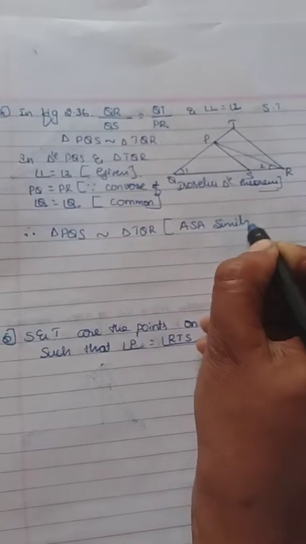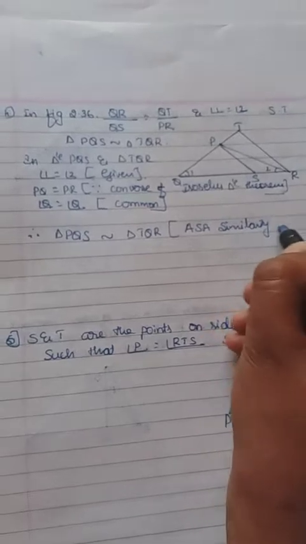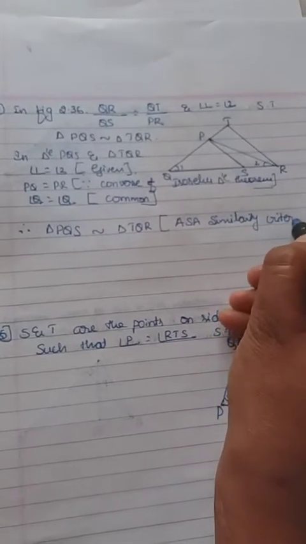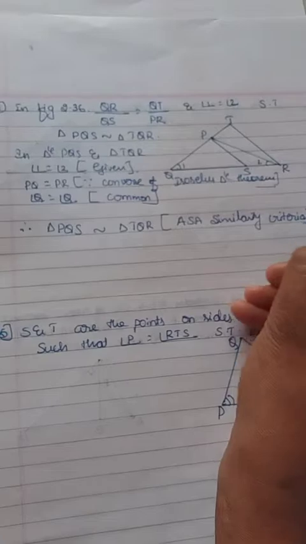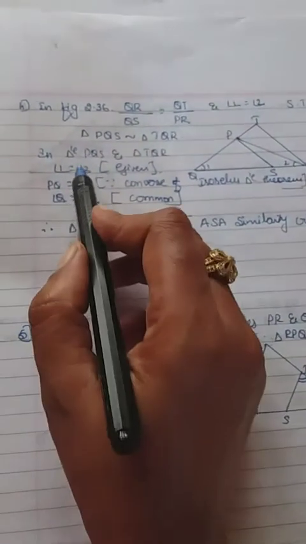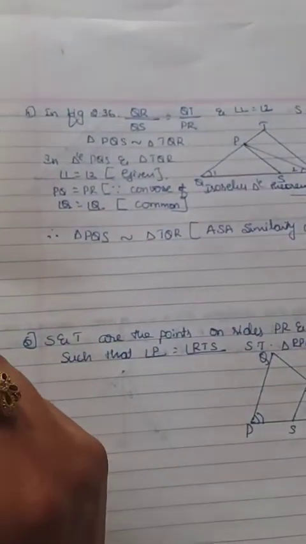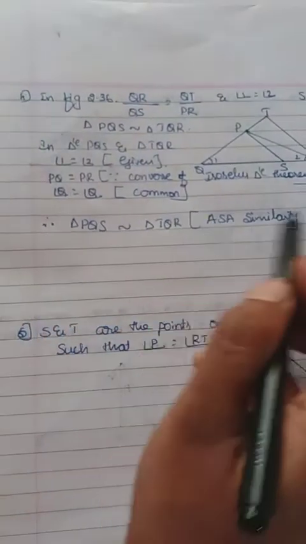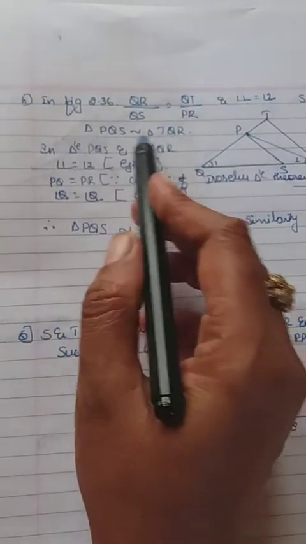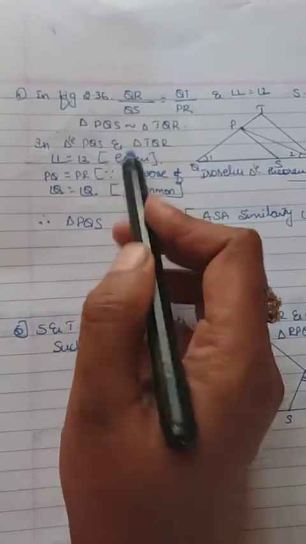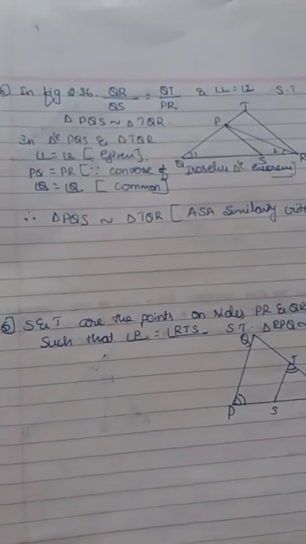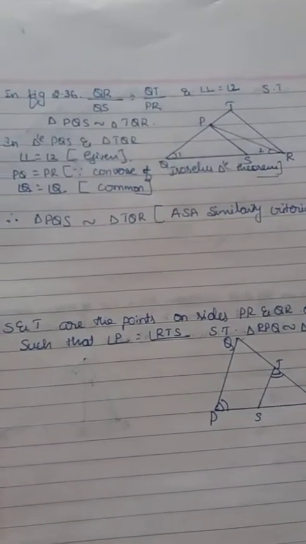Clear? So according to the ASA similarity criteria, we can prove triangle PQS is similar to triangle TQR. I hope you understand this.